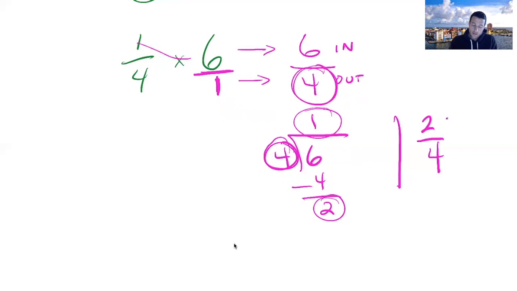Now, what can go into both of these? It's not 4, because 4 works on the bottom but doesn't work on the top. It's got to work on both. It is 2, and 2 divided by 2 is 1, and 4 divided by 2 is 2, and you'll start seeing these. 2 is half of 4, so 1/2.